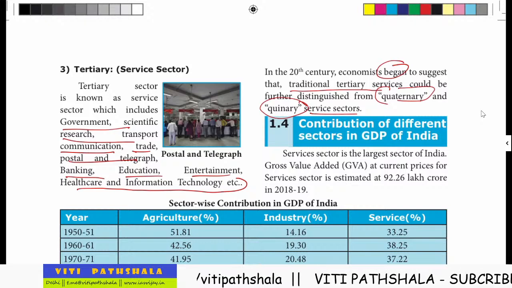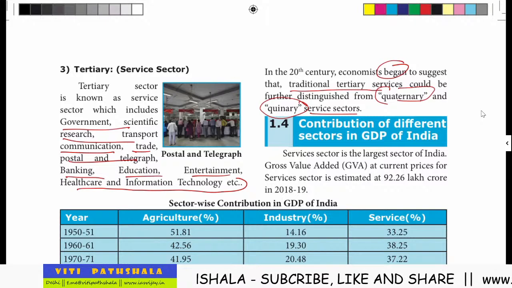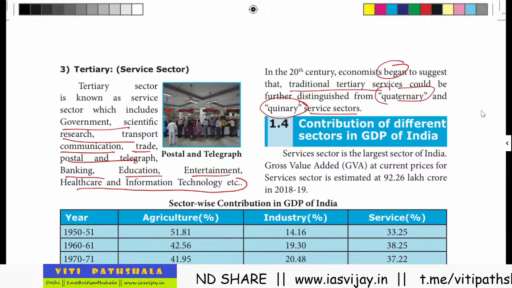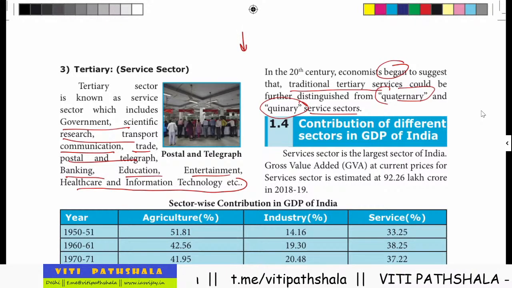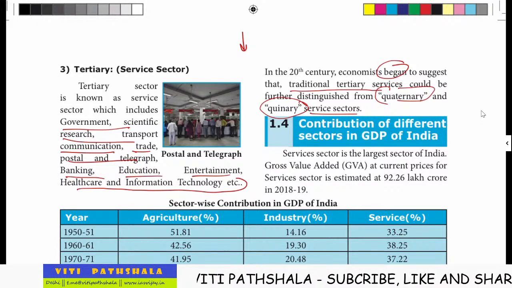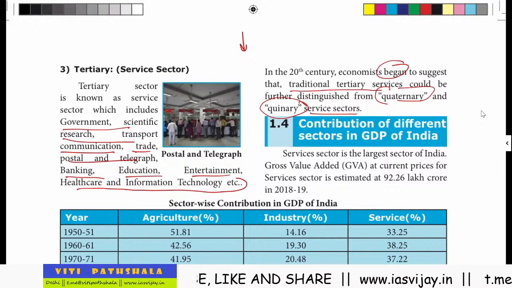Now, the contribution of different sectors in the GDP of India. There was news that though the GDP is going down, the agriculture sector, the food crops, are performing very well despite that. The service sector is the largest sector in India.